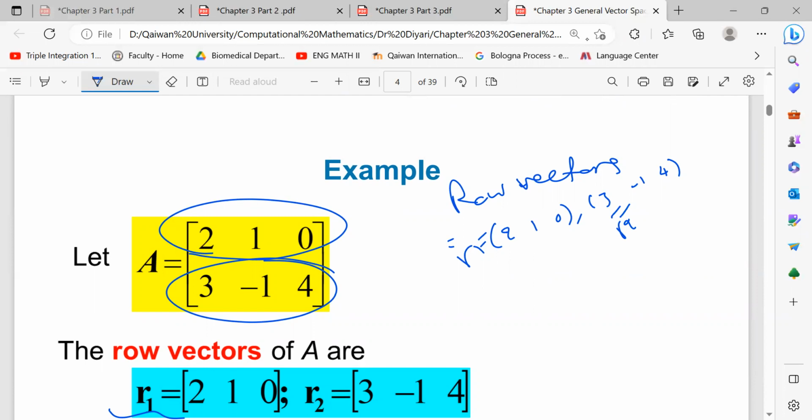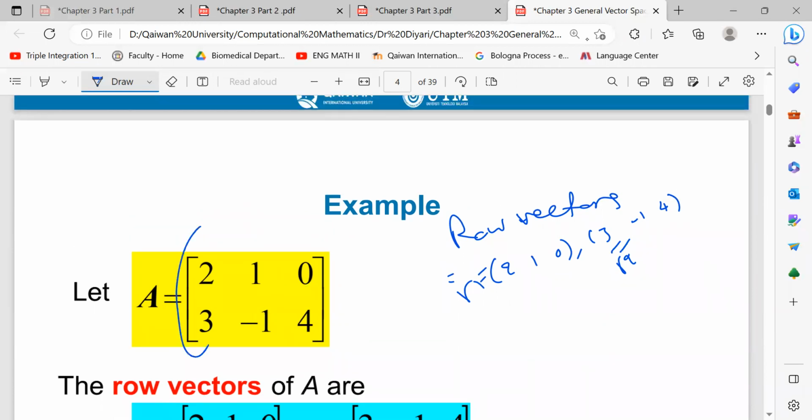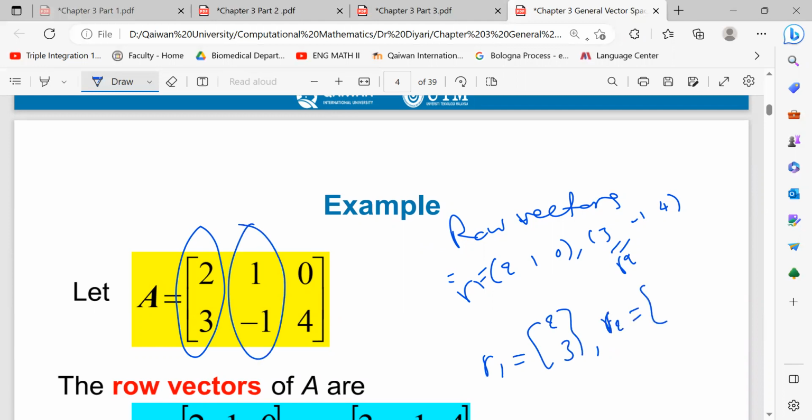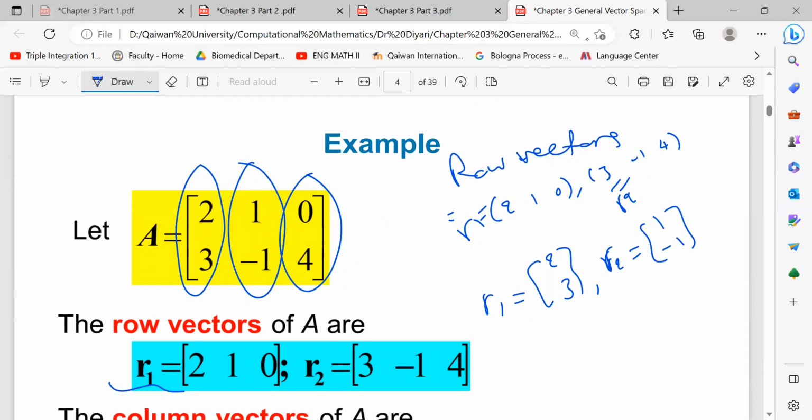So what are the column vectors? For the column vectors, the first column is C1, which is 2 and 3. The second column is C2, 1 and -1. And the last column is C3, 0 and 4.